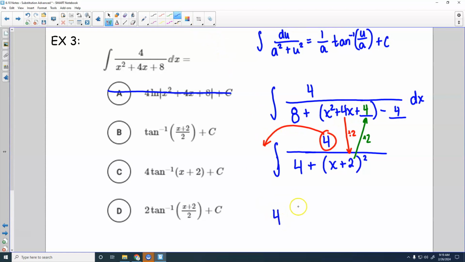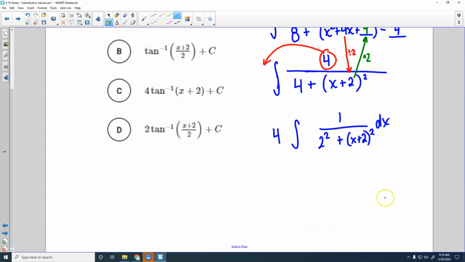So I'm going to have 4 integral 1 over, I'm going to write that as 2 squared plus x plus 2 squared dx. What is my a value? 2. What is my u value? X plus 2, so du would just be dx.